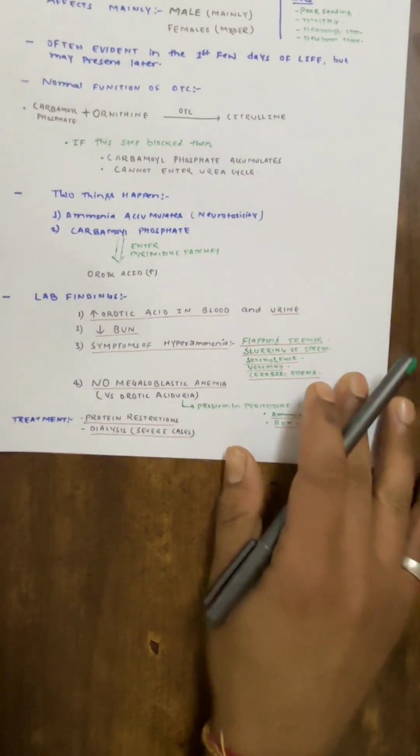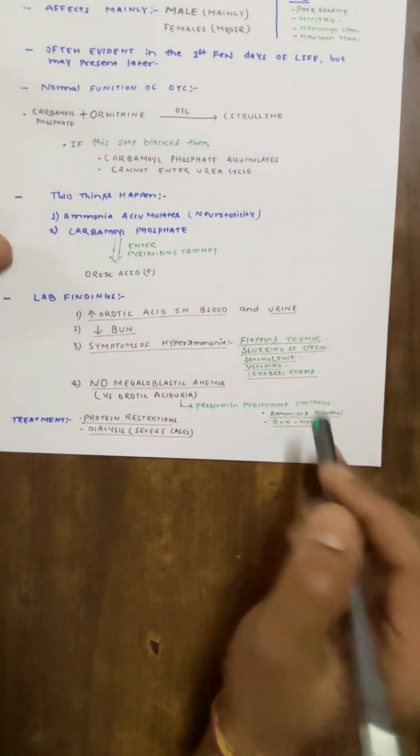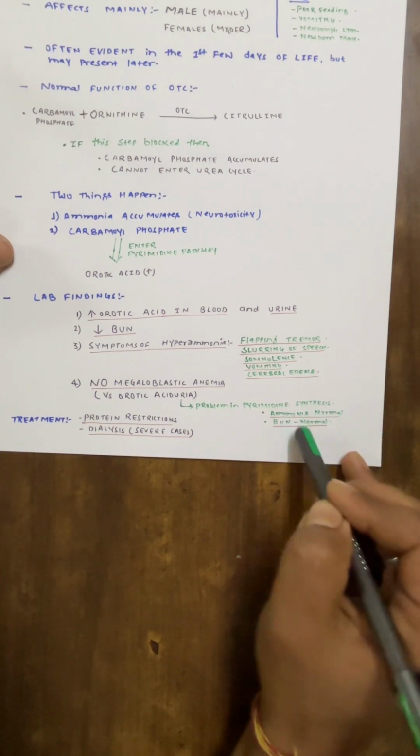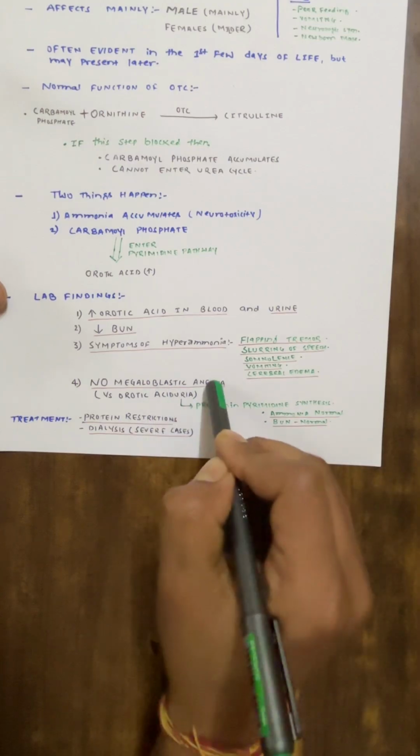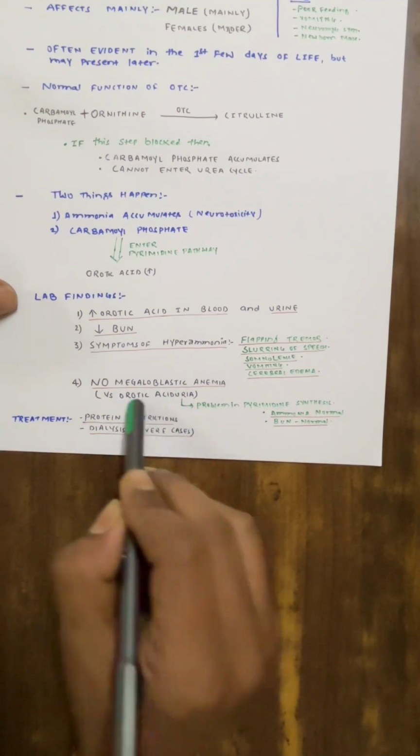But if they give all the symptoms and say the ammonia level is normal, blood urea nitrogen is normal, and the patient has megaloblastic anemia, then think of orotic aciduria.